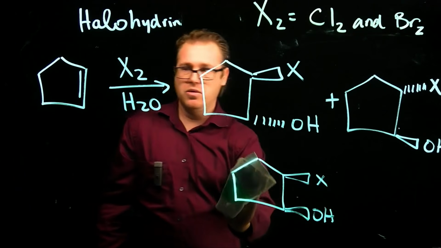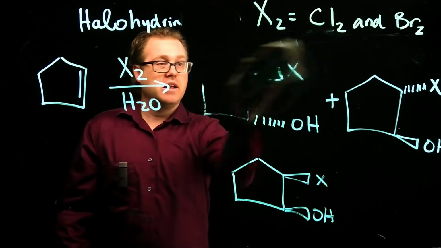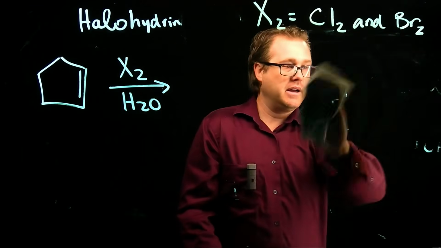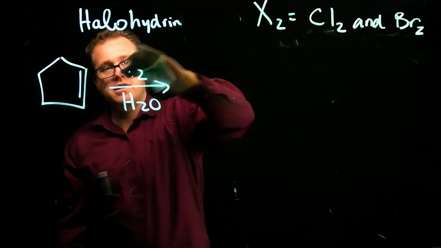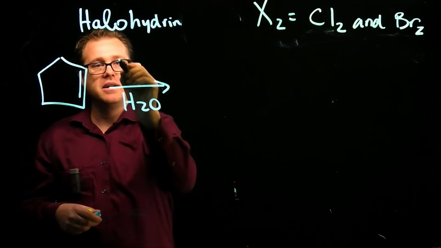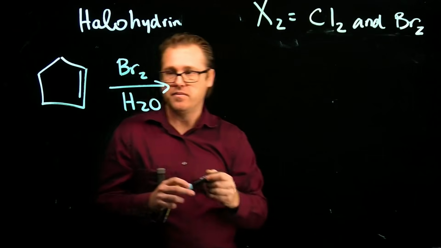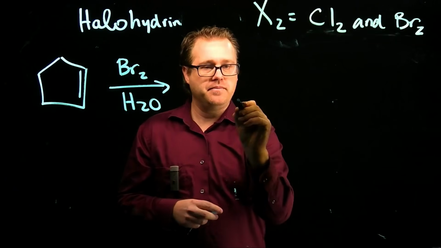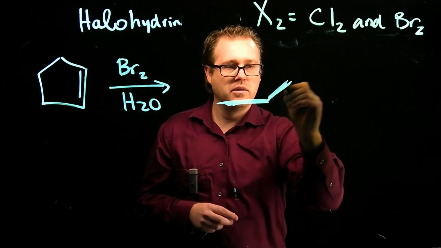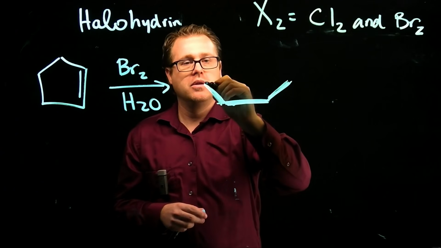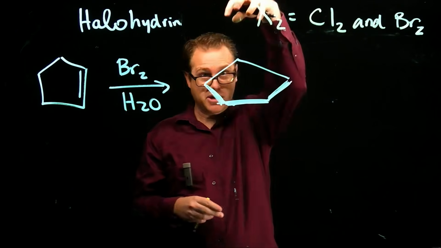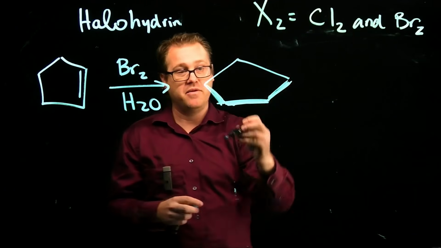So the mechanism goes just like before. I'm going to skip the first mechanism step because we've already seen it. So let's use bromine again. Now remember the bromine can approach from the top face of the alkene or the bottom face.